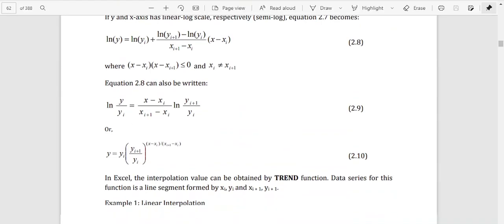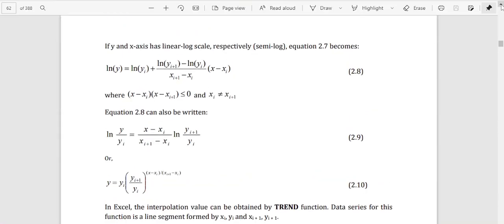Now, what if you have a linear value but that has a semi-log graph? You know, in a sieve analysis chart, we normally plot our graph in a semi-log graph. The x-axis is a log scale, while the y-axis is in the linear scale.